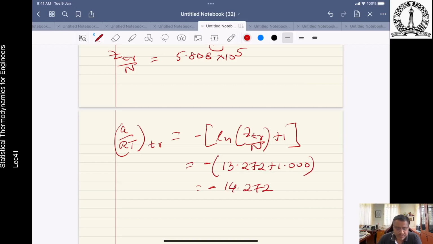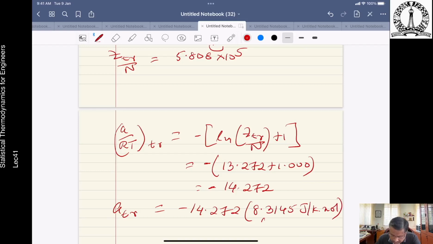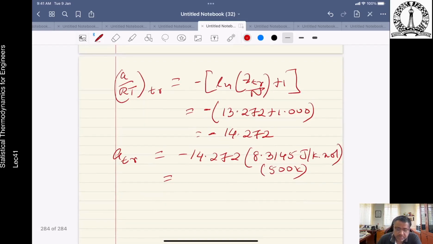So we obtain A_TR equal to minus 14.272 times 8.3145 joules per kilomole per Kelvin into 500 Kelvin, which will give you the ultimate answer, minus 58.333 kilojoules per mole. So this is one sample problem where we have shown that this is indeed possible to do.